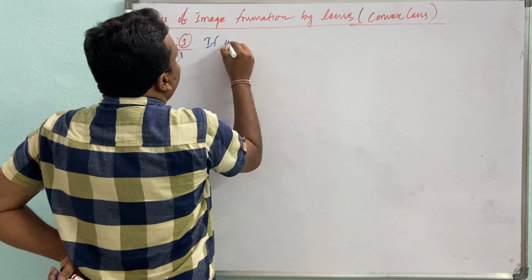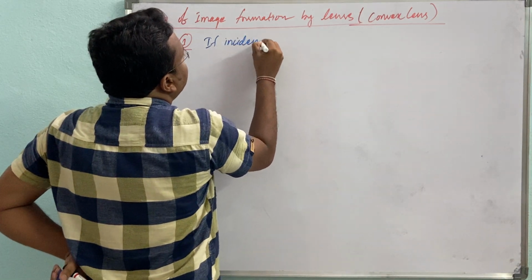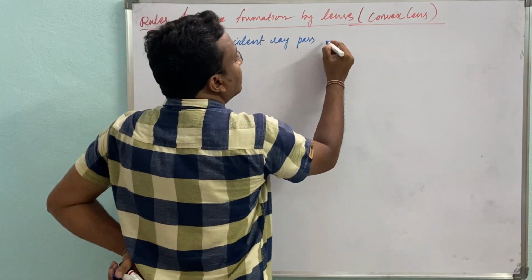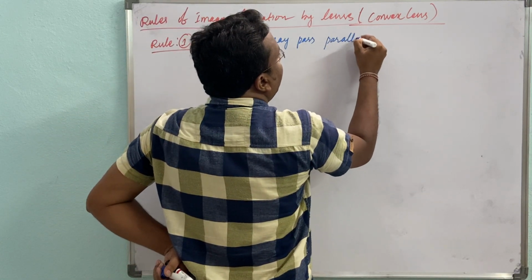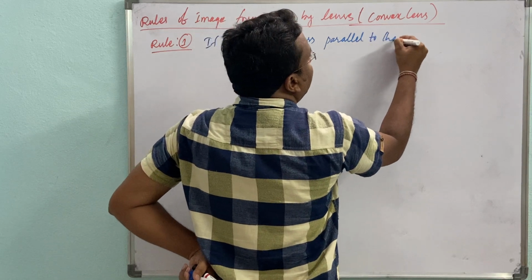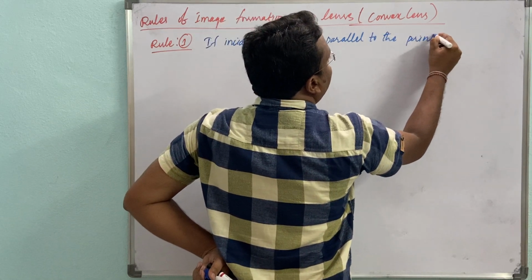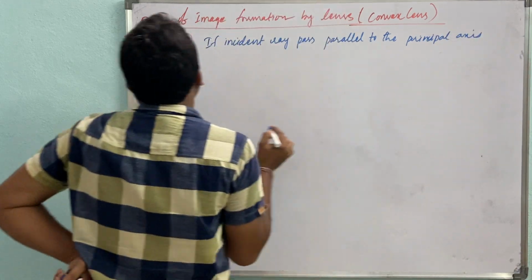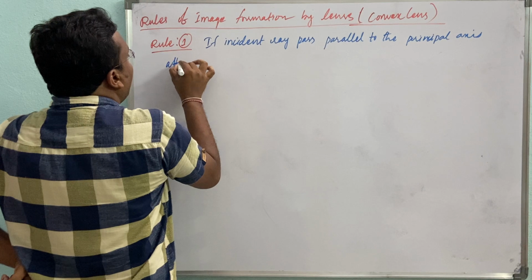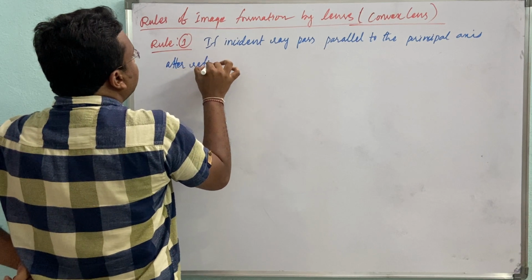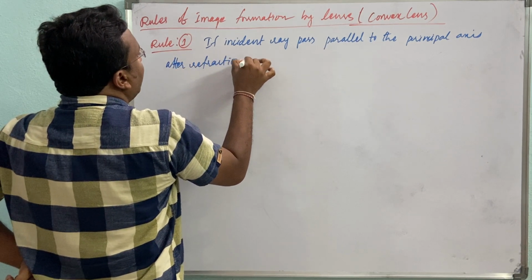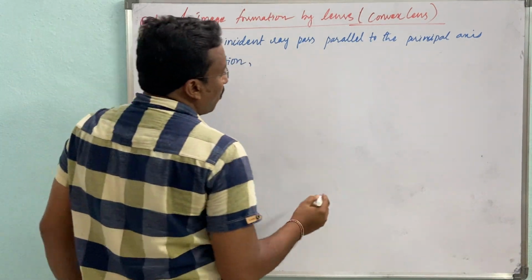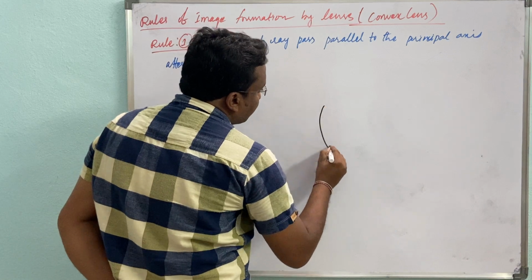If incident ray passes parallel to the principal axis, after refraction, right? When a parallel beam of light falls on a convex lens.